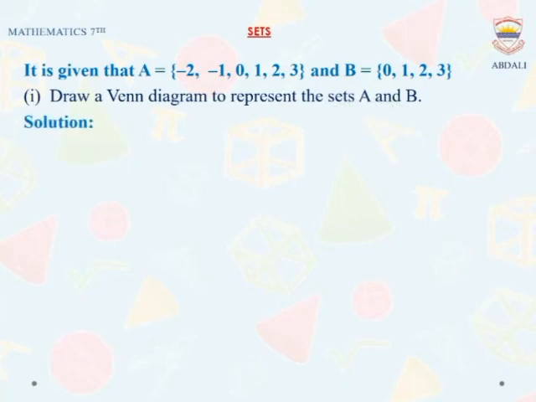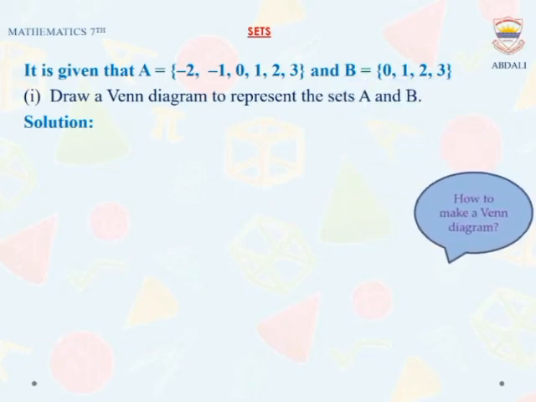Now class, a question will arise in your mind: what is meant by a Venn diagram? How do we make a Venn diagram? So class, now we will see what a Venn diagram is. Here we will look at both sets carefully first.